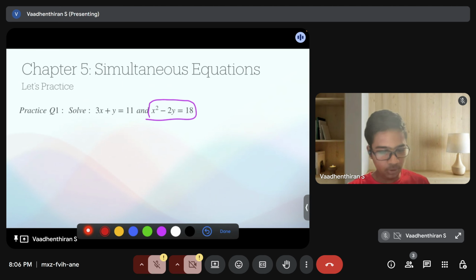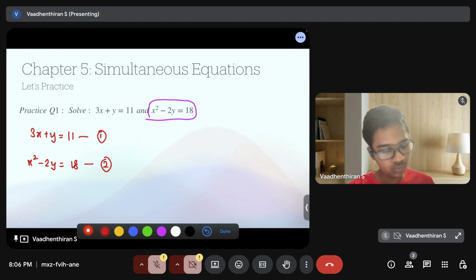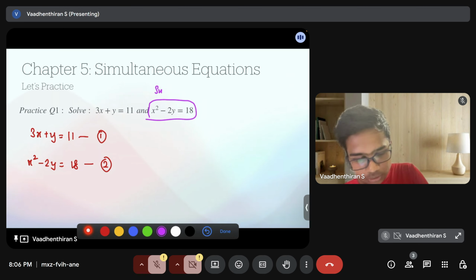Okay, now let's move on to solving this. The first equation is 3x plus y equals 11, which is equation number 1. x squared minus 2y equals 18, which is equation number 2. As I said, when dealing with nonlinear functions, always go with substitution.